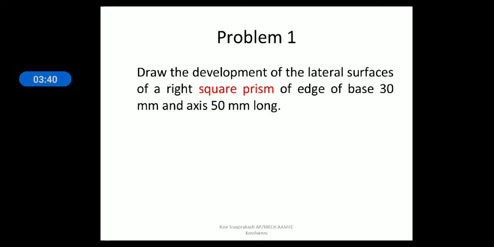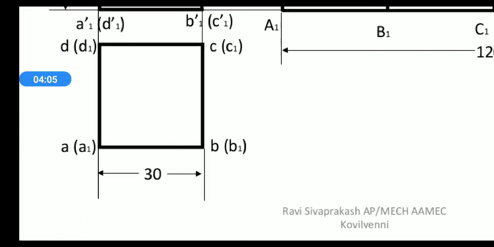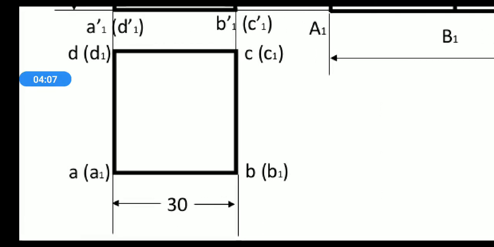Here it is not mentioned whether the prism is resting on HP, the horizontal plane, or on VP, the vertical plane. He did not mention anything. We have to consider that the square prism is resting on HP, such that we draw the square prism in the horizontal plane, as shown in the figure. This is a square prism of side 30 mm.